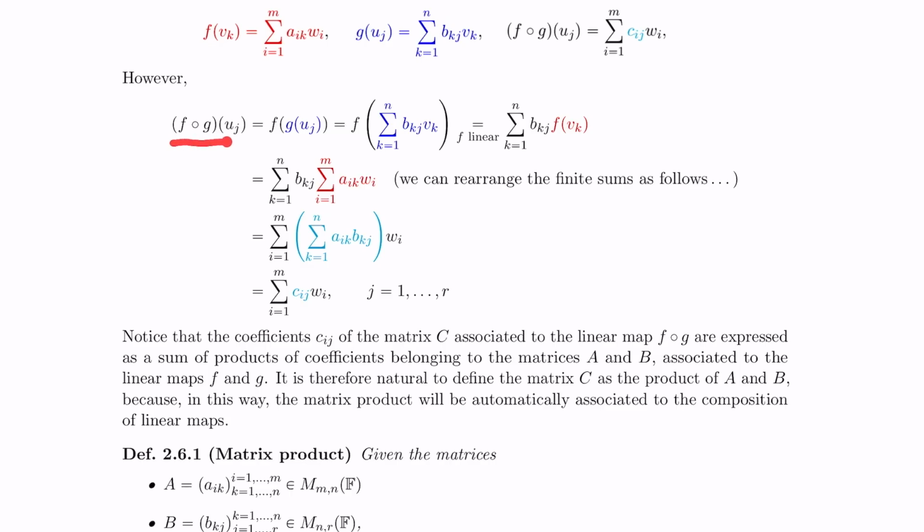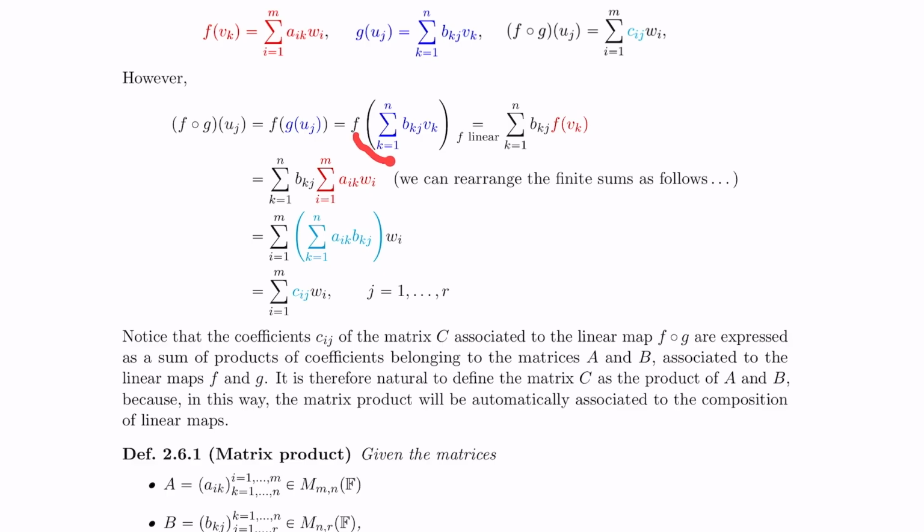Let's write explicitly what it means that f composed with g is applied to u_j. It means that f is applied to g of u_j, but g of u_j has this expression here, and so we can write f applied to this expression. Now we remember that f is a linear map, and so it passes through linear combinations.